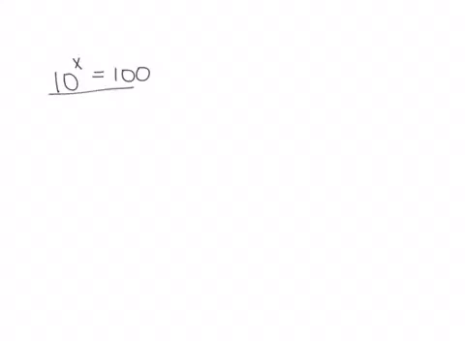That's exponential form. If I were to write that in logarithmic form, log of 100 equals x. If we take our calculator and punch in log of 100, we're going to get 2 for an answer.